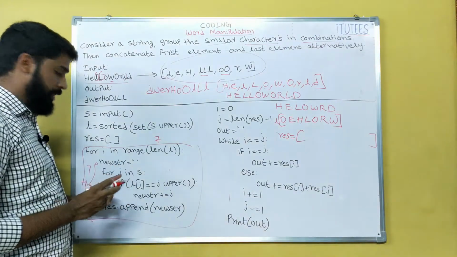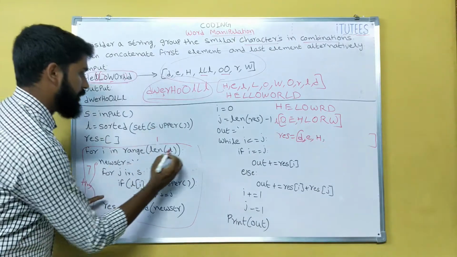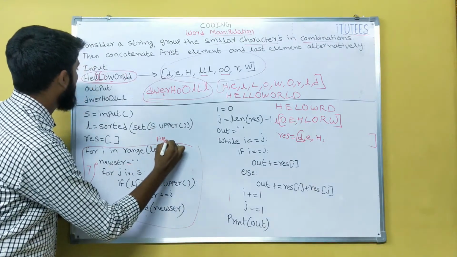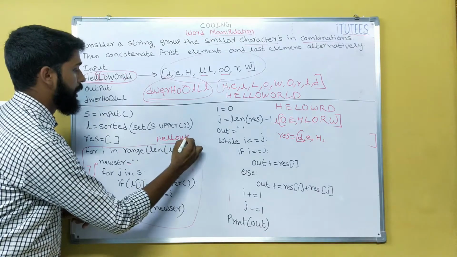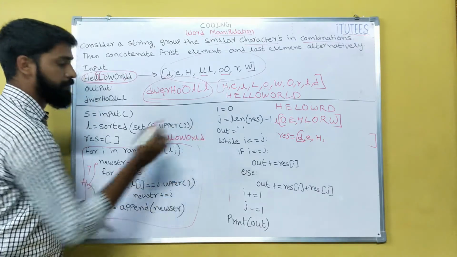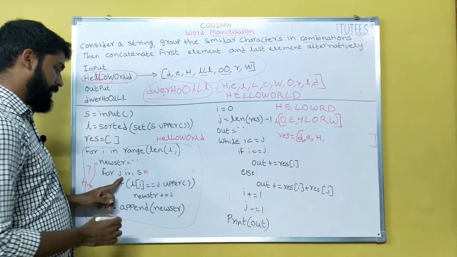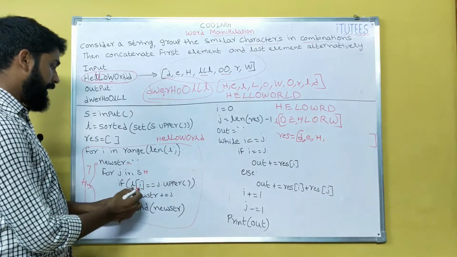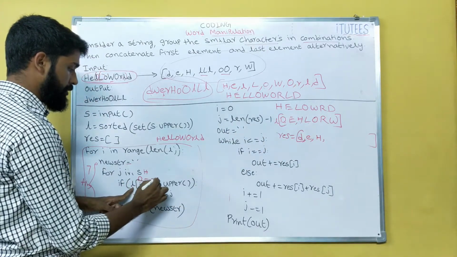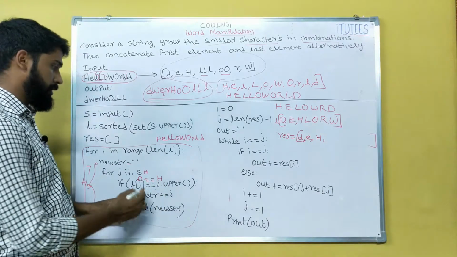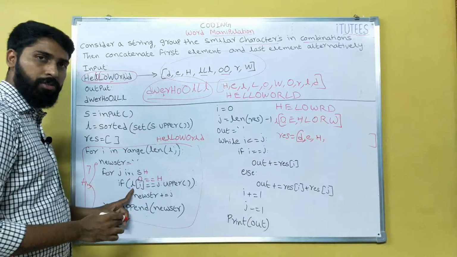So new str for j in S. What is the S here? This is the S: H, E, L, L, O, capital W, capital O, R, L, D. So j in S, it becomes H. L of i, L of 0, is D. D equals H, false. D equals E, false.